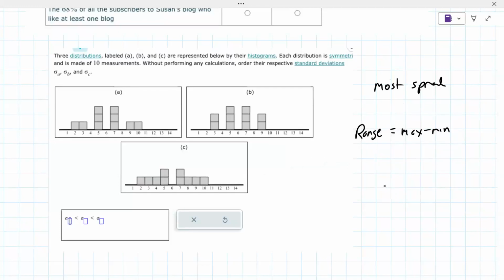So in this, like in C, the range is 10 minus 2, which is 8. In B, it's 9 minus 3, which is 6. In A, it's 10 minus 2, which is 8. So between A and C, they kind of have the same amount of spread. Do you kind of agree with that roughly? Like the extreme values, how far apart they are? Yeah. Okay.